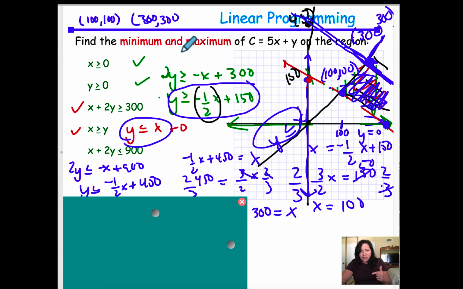So we've got negative 1/2 x plus 150 is equal to 0. So I'm going to subtract 150 from both sides, right? So I'm going to get down here, negative 1/2 x equals negative 150. I'm going to multiply by negative 2 over 1, and I get x is equal to 300. And so that value was 300, comma 0.